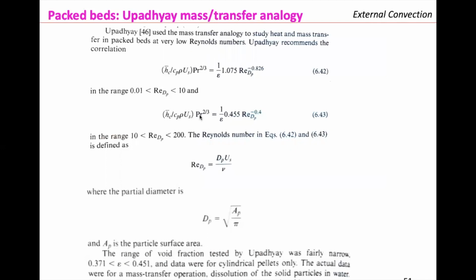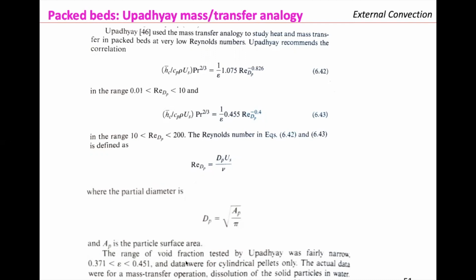And knowing the Reynolds number, you can get h out of here. In the range of 10 to 200, the Reynolds number is defined by this equation, where the particle diameter dp is the square root of Ap over pi, where Ap is the particle surface area.